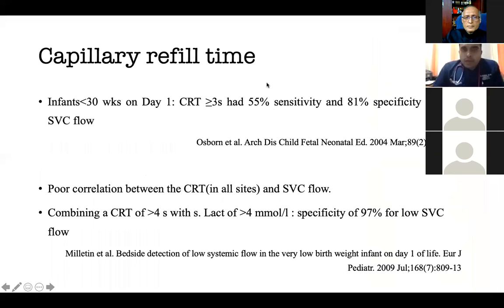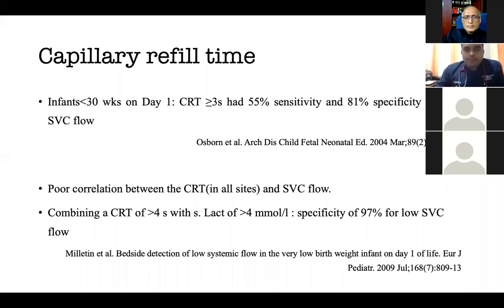Now, it was shown that in infants less than 30 weeks on day 1, CRT has a sensitivity of to the tune of 50% and specificity to the tune of 80% for diagnosing low SVC flow. I'll be discussing the SVC flow later.